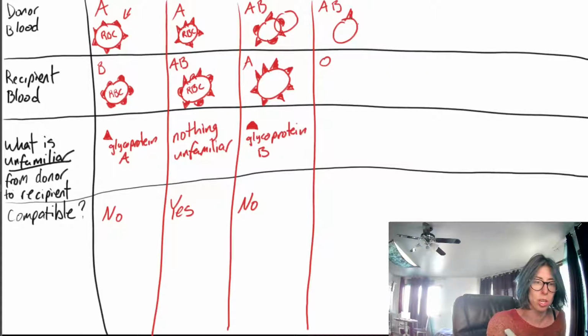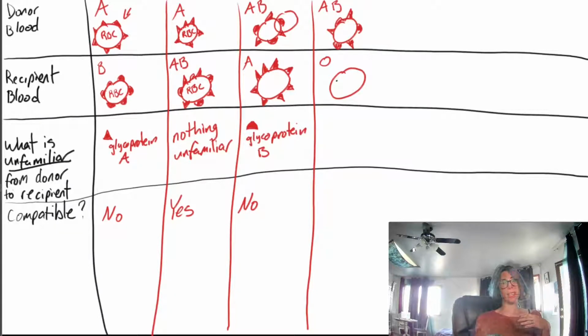So here's a potential AB donor with both the A and B glycoprotein on the surfaces of these red blood cells. And O, remember, means no A and no B. What is unfamiliar from the donor?